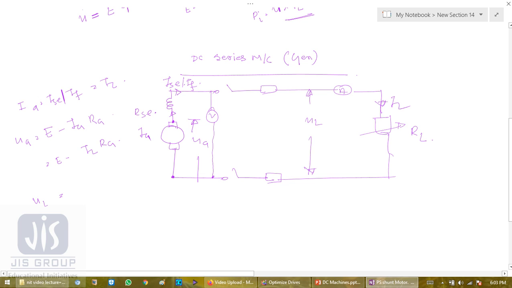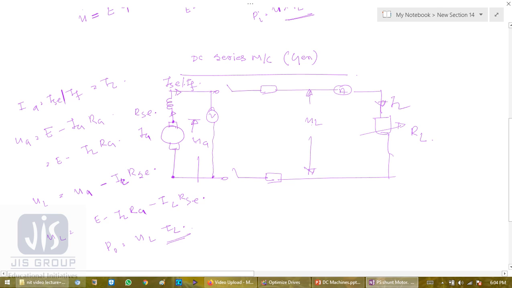This UL is this voltage minus the drop across this series field, that is IL RAC. And what is my UA? E minus IL RA minus IL RAC. What is the output power? P0 equals UL IL.